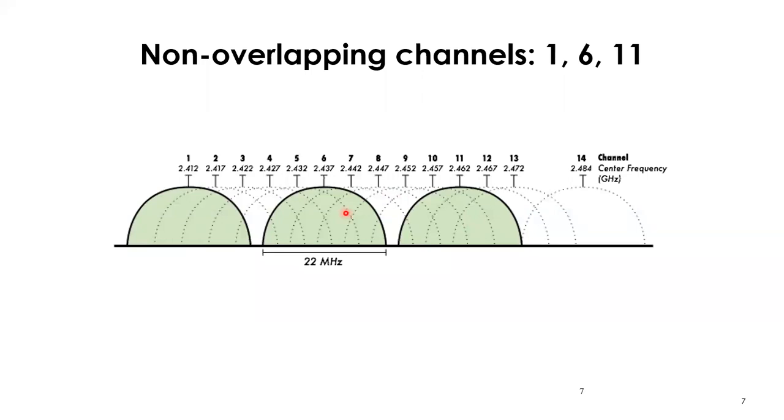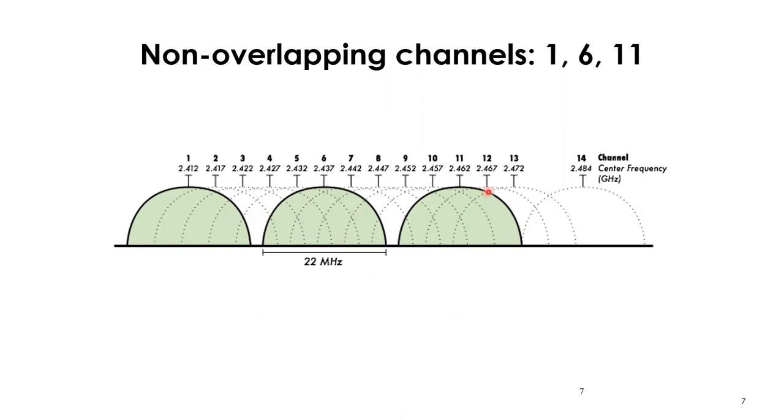And remember, 2.4 and 5 gigahertz are shared by more than just Wi-Fi devices, right? Microwaves use 2.4 to cook food. A lot of wireless mice, video game controllers, things like that are operating in the 2.4 or 5 gigahertz spectrum. Basically, anything you buy these days that is wireless is probably using 2.4 or 5 gigahertz frequencies.